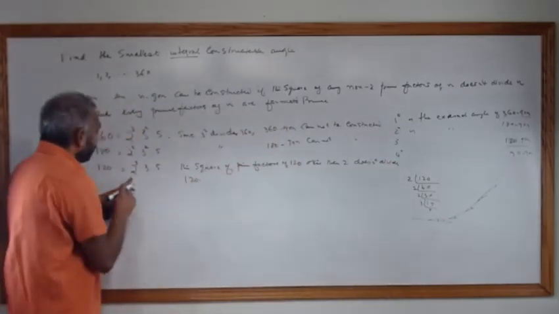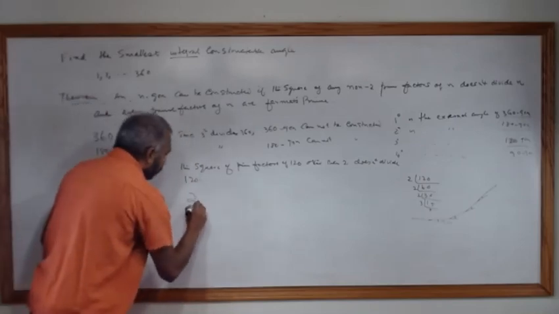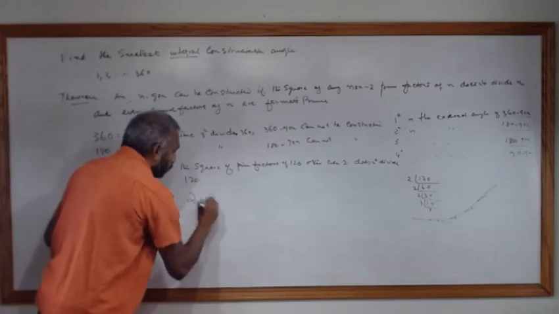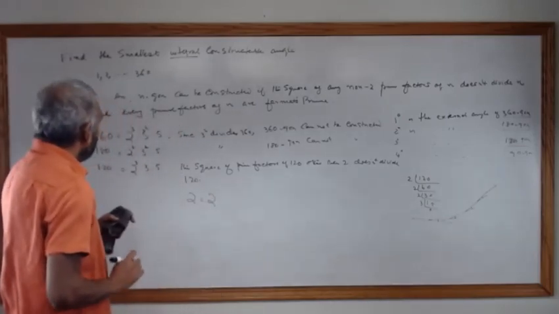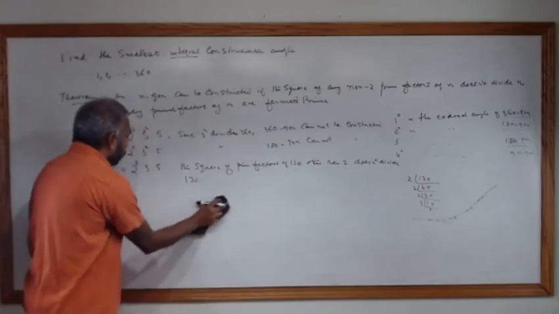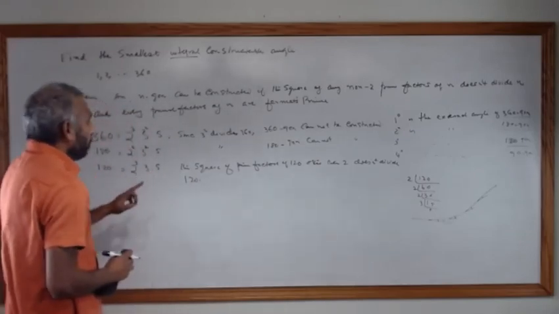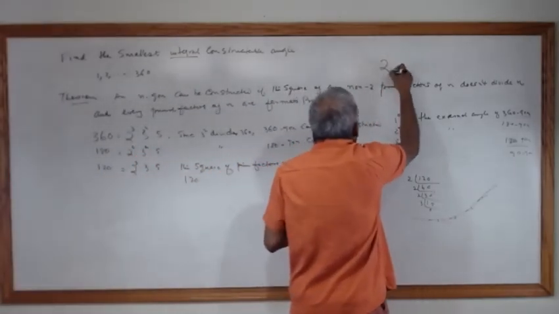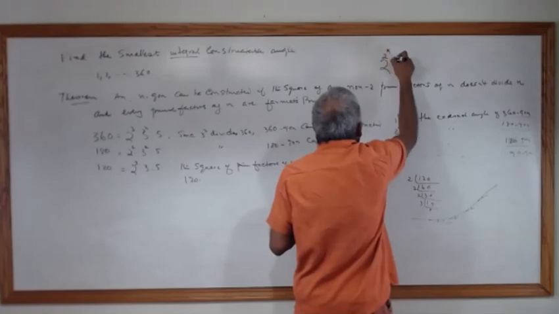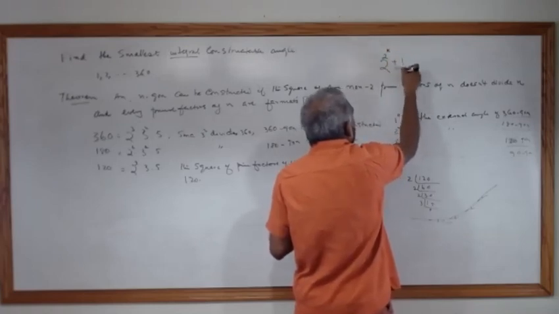Now we need to prove that 2, 3 and 5 are Fermat primes. 2 is equal to 2 to the power of, okay, you don't need to consider 2. You consider only 3 and 5, because the Fermat form is 2 to the power of 2 to the power of k plus 1. So if there is a plus 1, definitely 2 is not included here.